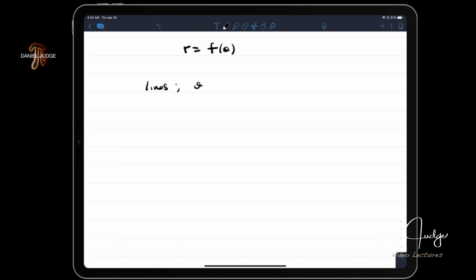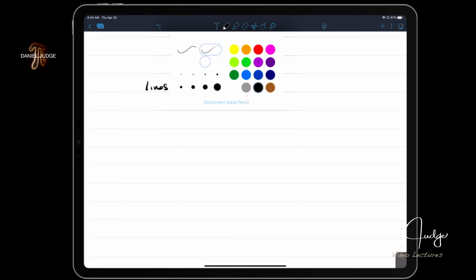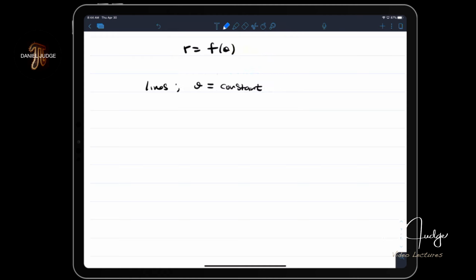Lines are represented a couple of ways where theta is a constant. That means if they give you any angle, like if they say theta here is pi over 3, there's a couple of ways I can say this to you guys. R theta, if we plot this, this is r, this is pi over 3.